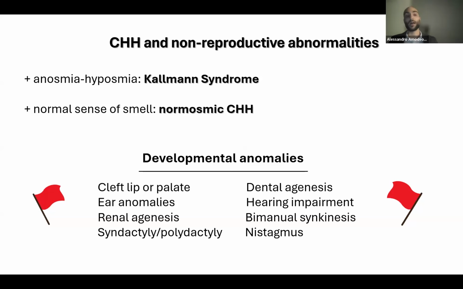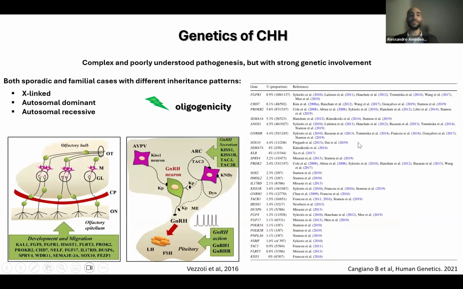When associated with anosmia, we term CHH Kallmann syndrome. It may present solely or associated with developmental anomalies such as dental or renal agenesis, bimanual synkinesis, which may serve as red flags to help achieve the diagnosis. But let's talk about genetics.